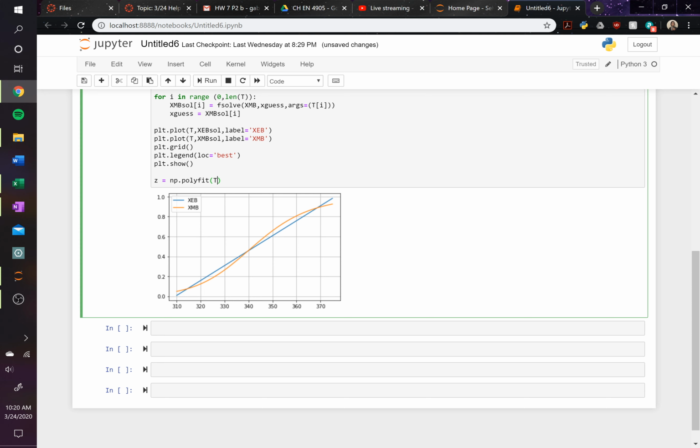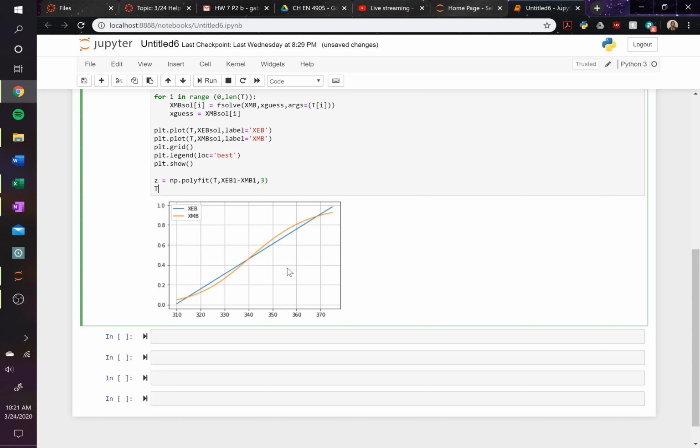So in this case, x is going to be T, and y will be the difference between our 2 functions, because we know that if we subtract our two arrays for the energy and mass balance conversions, we should have 3 locations where it goes to 0. And those are the locations that we care about. And since we got 3, we'll do it as a 3rd order polynomial. And then our steady states is equal to the roots of that polyfit that we just found.